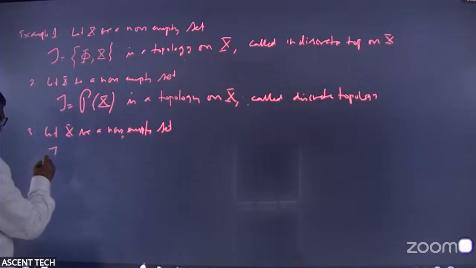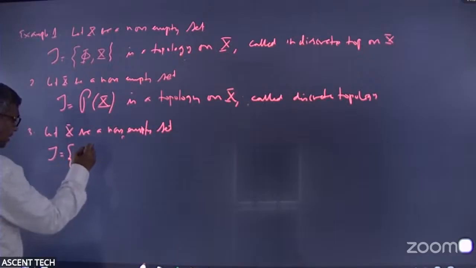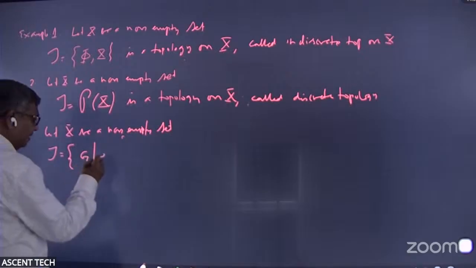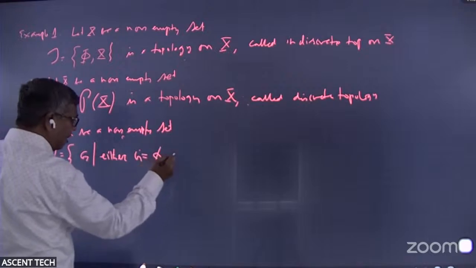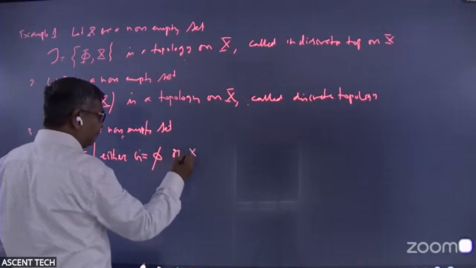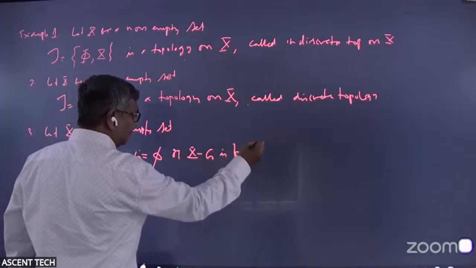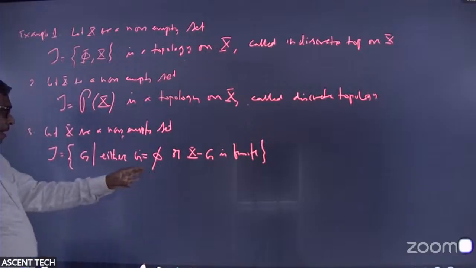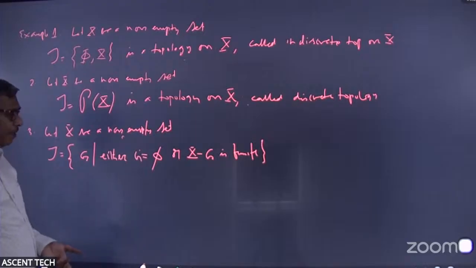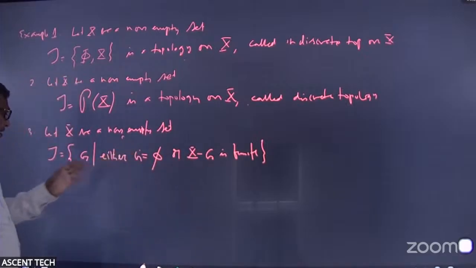We're going to define T to consist of all those G such that either G is empty or the complement of G is finite. Actually, X minus the empty set is meaningless; that's why I said either G is empty. If it's not empty, then I want X minus G to be finite. That's when I say that G will be in T.